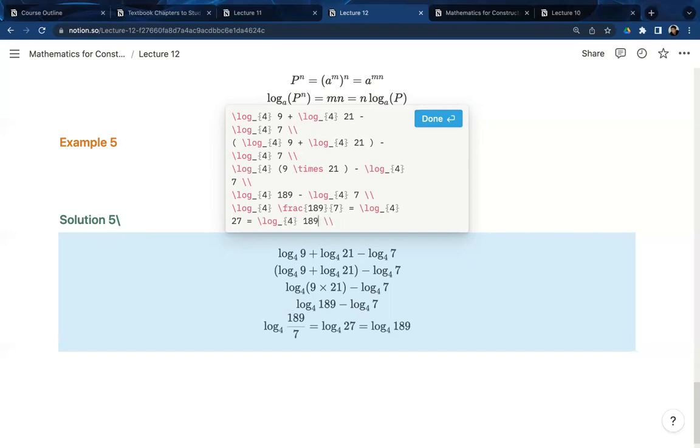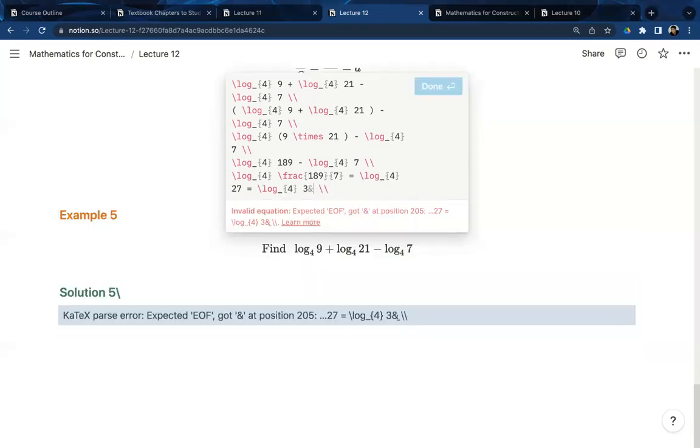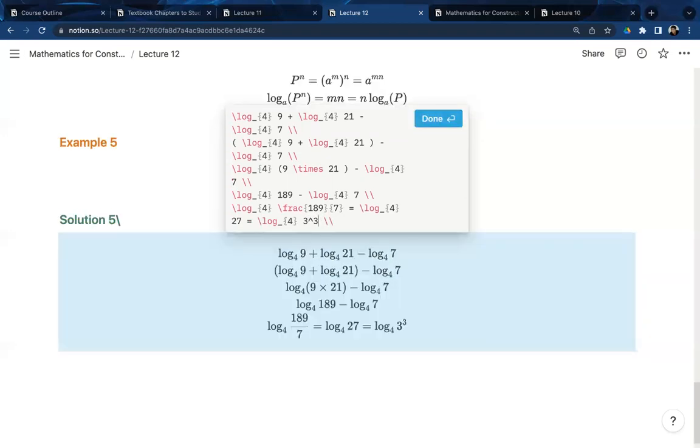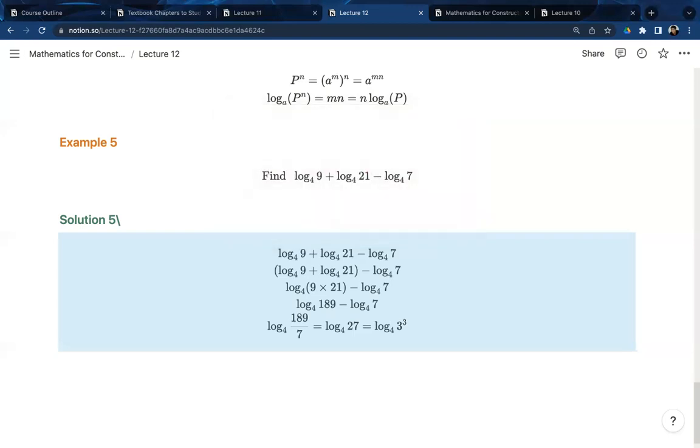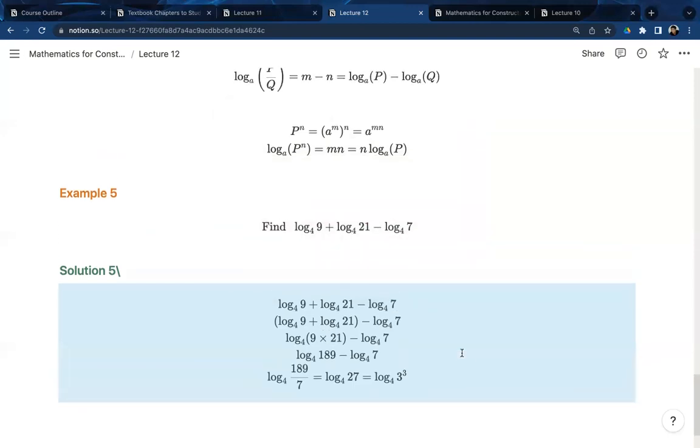27 is actually 3 to the power 3. And we saw that for the log of p to some power, you take the power and write it in front of log a of p.